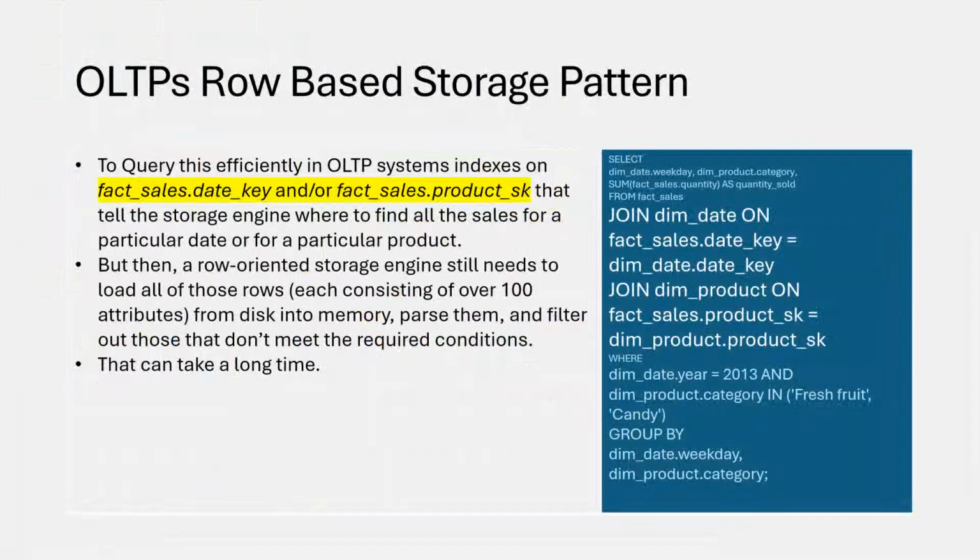So we come to the next topic, which is: what is the storage pattern of an OLTP? If anyone has worked on OLTP systems, if I talk about relational only, they are all row based.